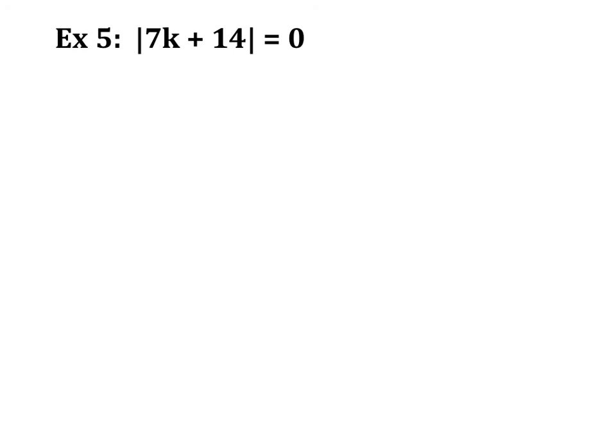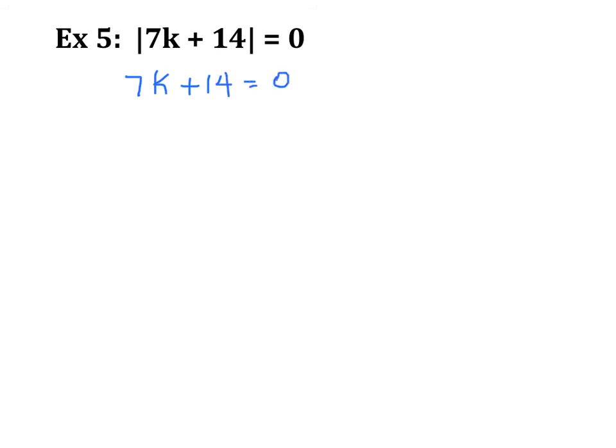Okay, so this problem looks a lot like what we've been doing except for one thing. What do you notice? This is equal to 0. So if we have been setting our absolute value equal to a positive and a negative, we don't have a -0. So we're going to just write 7k plus 14 equals 0. So what does it mean?